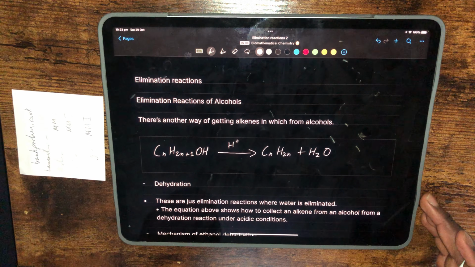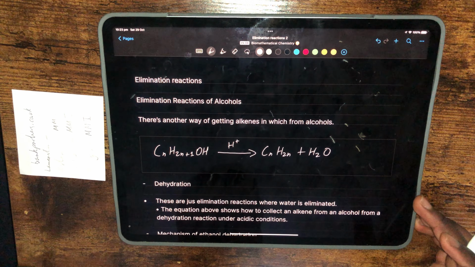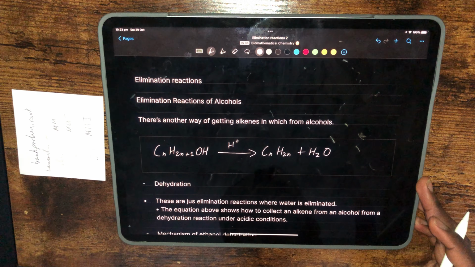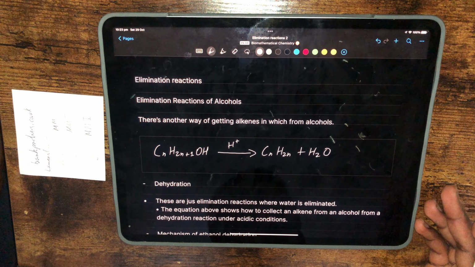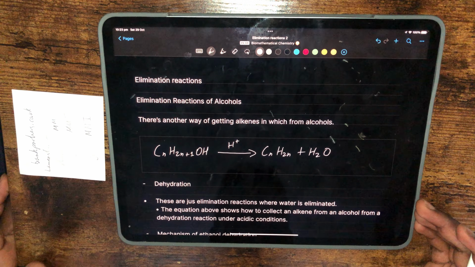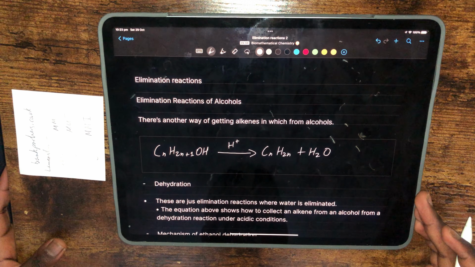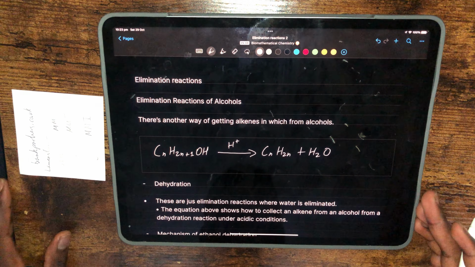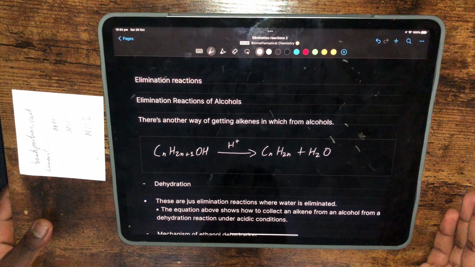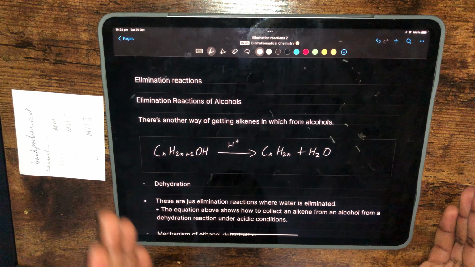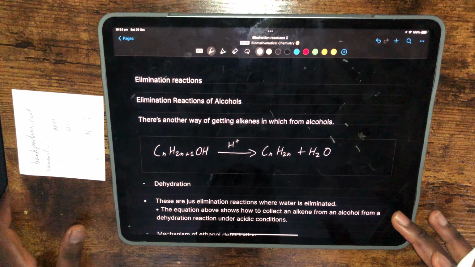Before, I was talking about hydration reactions, and that's when you gain water. Hydration is when you use water to break a compound down, usually to form alcohols. I remember saying that reaction was reversible, because you can also do dehydration reactions, where you're using an acid catalyst to remove water.